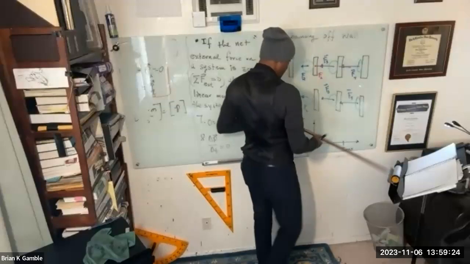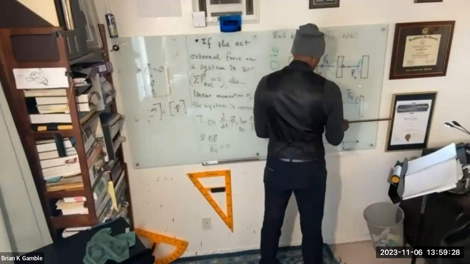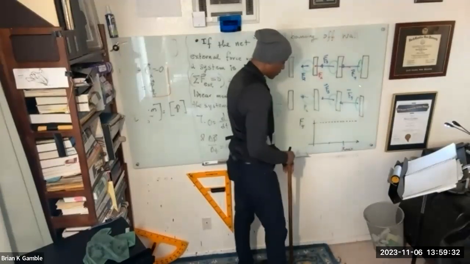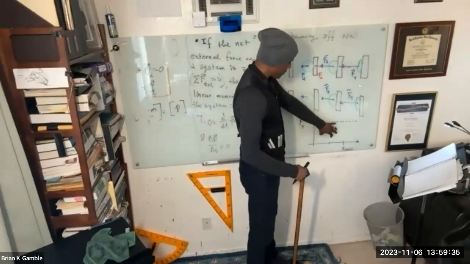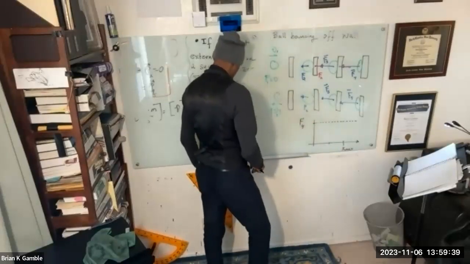And so let's make this the maximum qualitative value of that force here. And so what does the curve look like here? What would you just guess? And I know we haven't quantified it, but I just want you to guess.